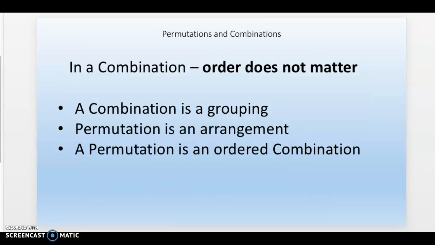A combination is a grouping, a permutation is an arrangement, and you can think of a permutation as an ordered combination.